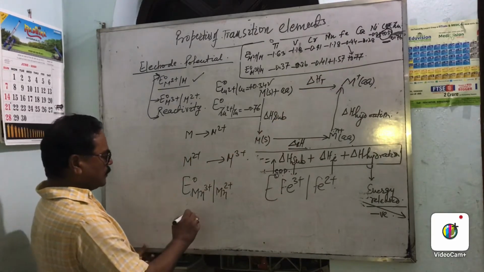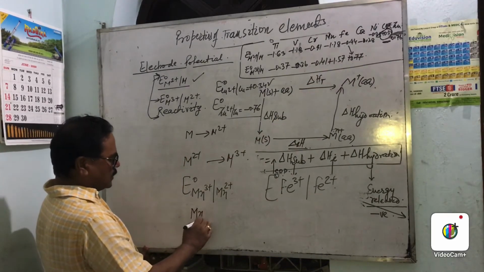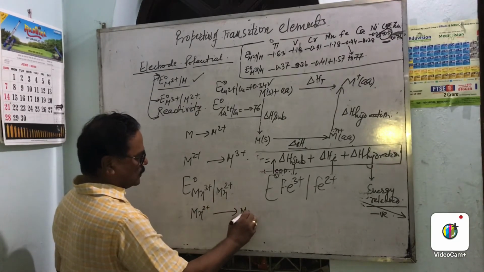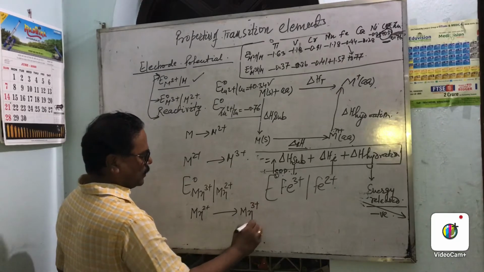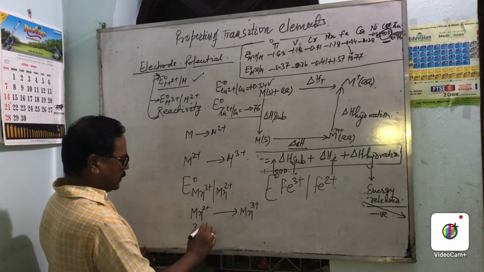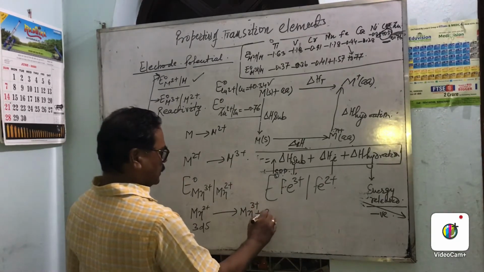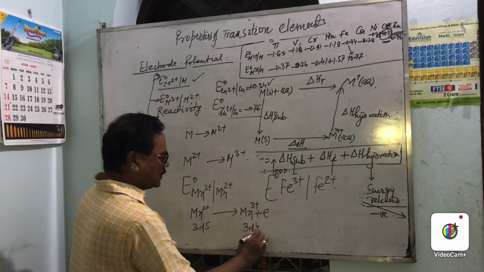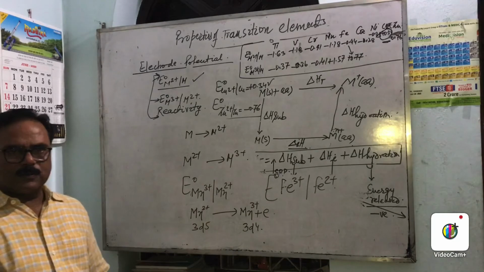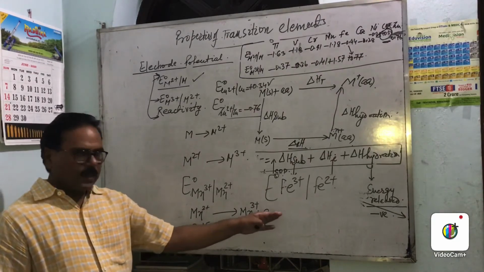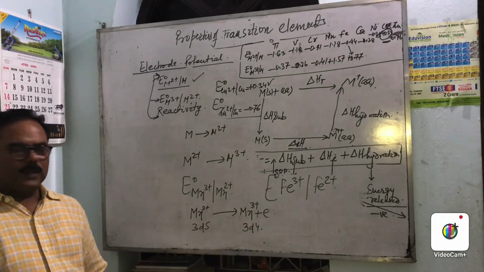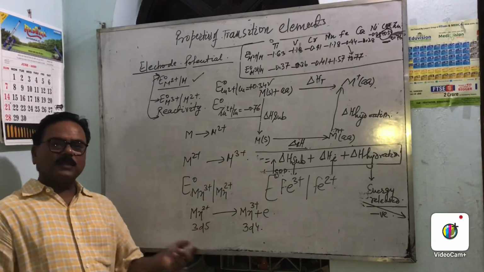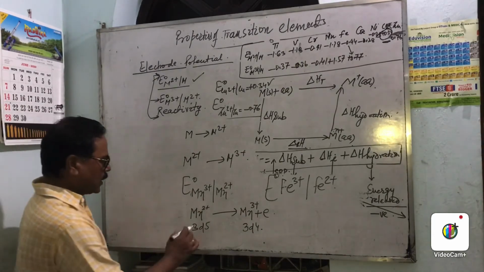Mn2+, Mn3+, 3d5, think here. So is it possible for Mn2+ to lose electron? Here the SOP is less, because the manganese 2+ is in the stable state or stable configuration.